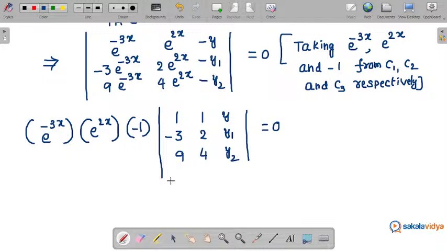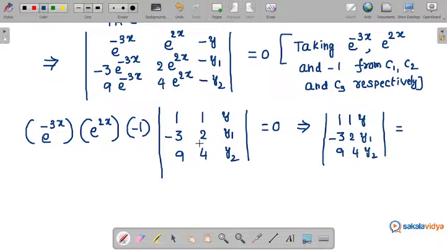So if you take the right hand side, now this determinant, det of 1, 1, y, negative 3, 2, y1, 9, 4, y2, becomes 0 by this product. 0 divided by something is 0. Now we need to expand it, by any row or any column.